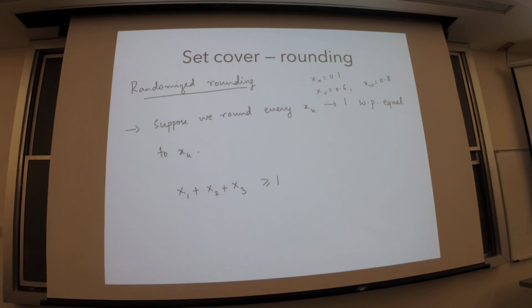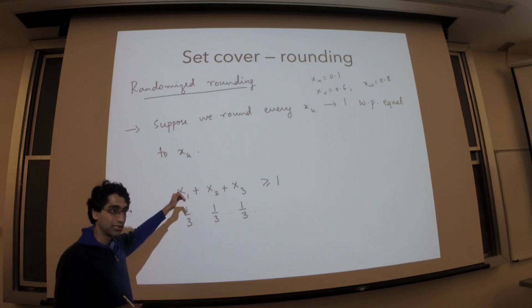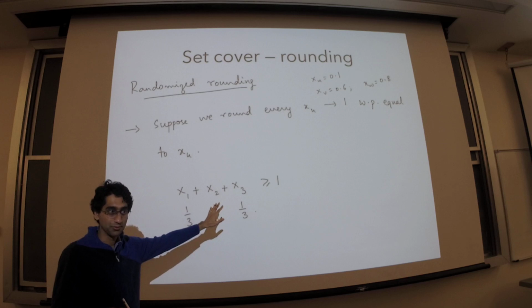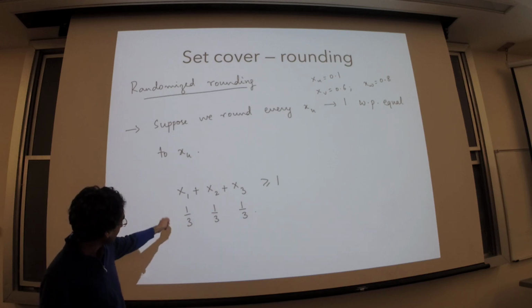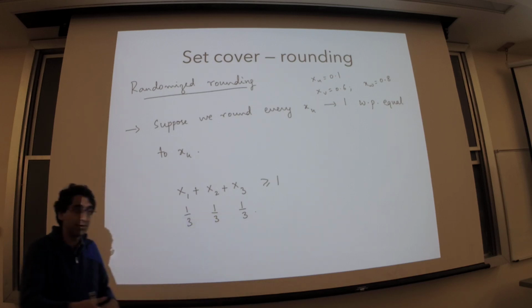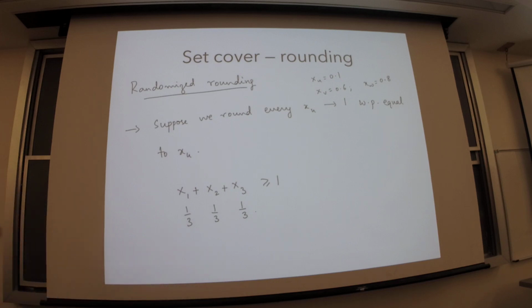Now, as before, let's say all of them were roughly equal to 1/3. In the previous rounding, where you only rounded up things that were more than half, none of these would have got rounded up. But now each one has a 1/3 probability of getting rounded up to 1. So in expectation, you expect one of the three to be rounded up to 1. And that's a nice thing that you can hope to use.